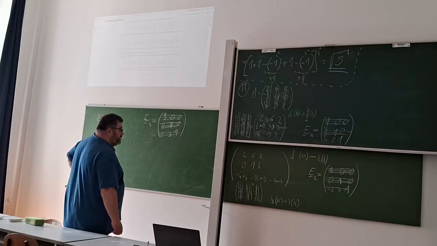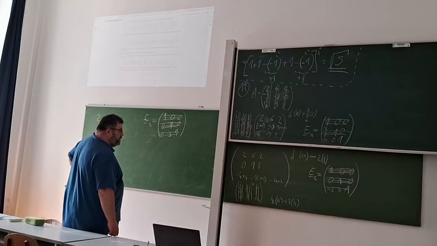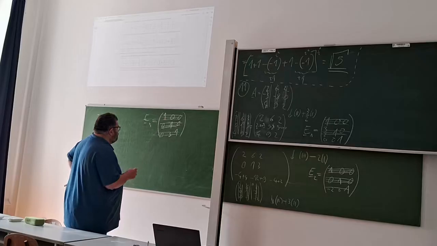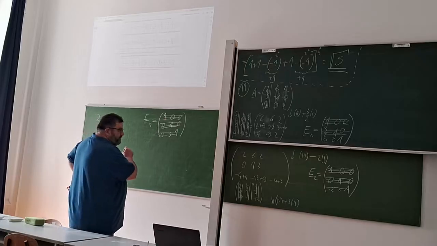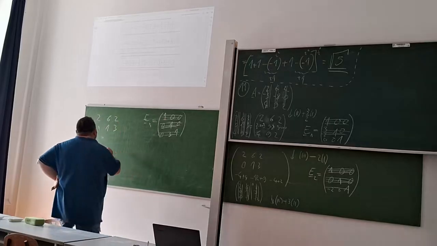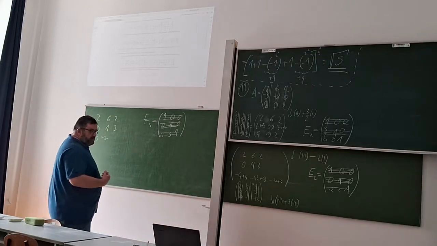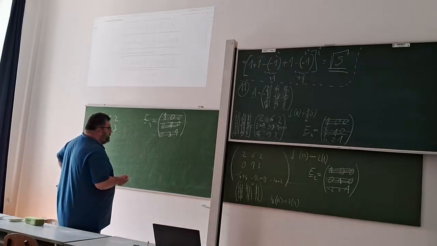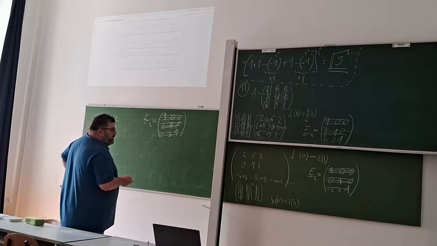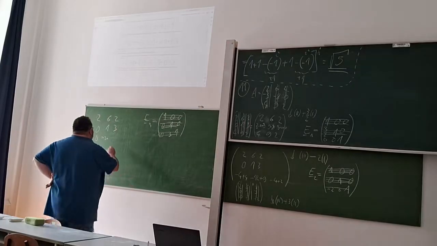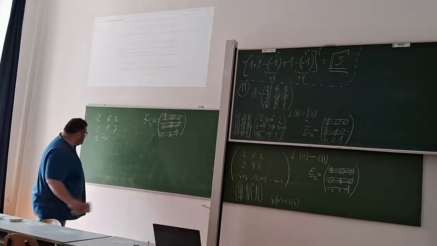Oh, it's okay, 0, then 1, 3 times 1, that's 3. And minus 3, so that's 0.